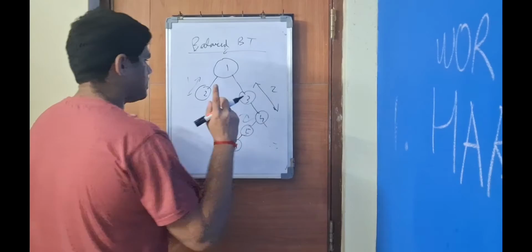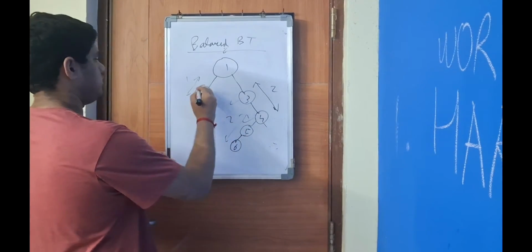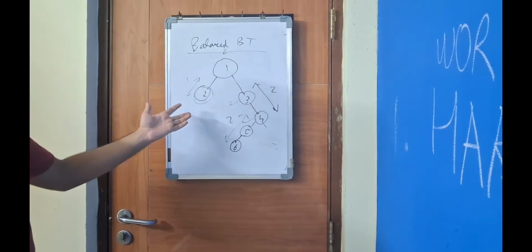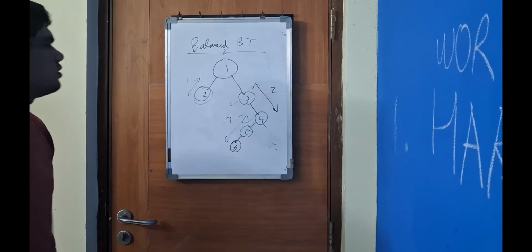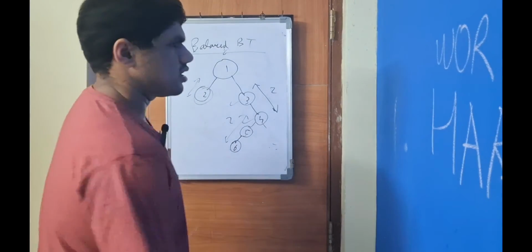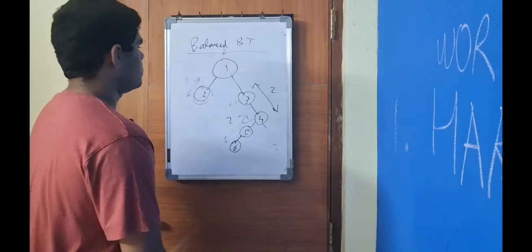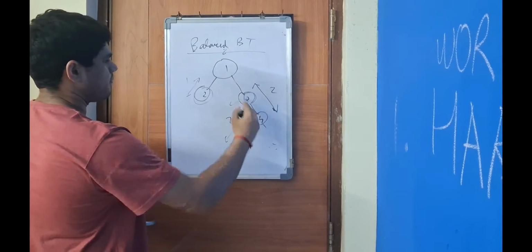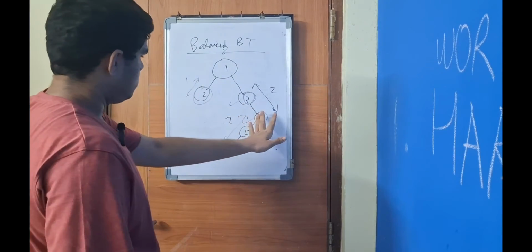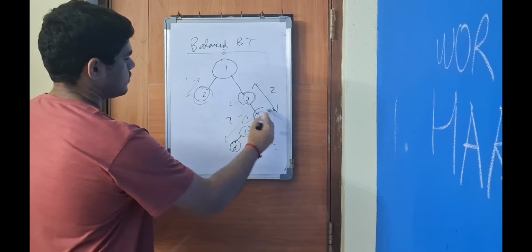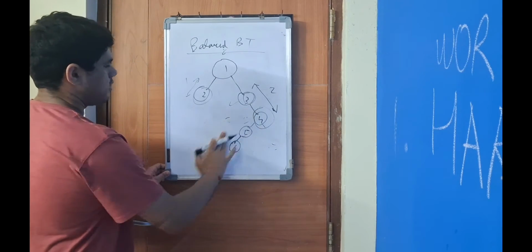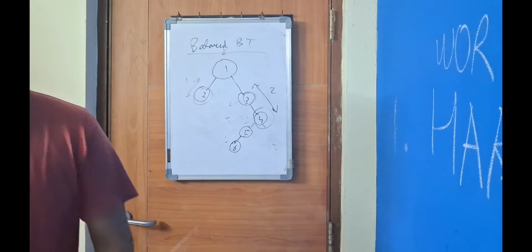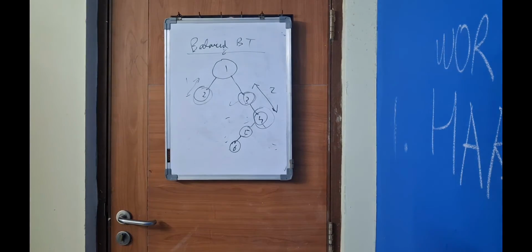We have to check for each node. Let's say we are checking for 2. For 2, there is neither a left half nor a right half, so the difference is 0, which comes out to be balanced, right? Now let's check this 3. This 3 has a height of 1 here, and none on the other side. Let me just clear it up.